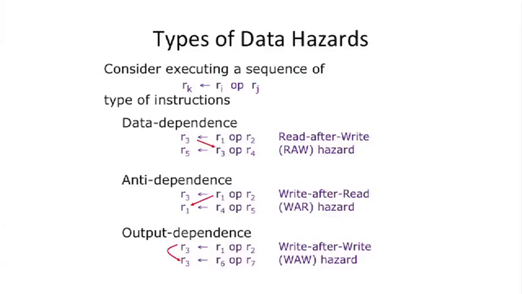So let's consider some example instructions where you operate on register I and register J and put the result into register K. We're going to look at different types of dependencies, and we're going to name them. The basic dependency here is a read after write hazard, or read after write dependence.